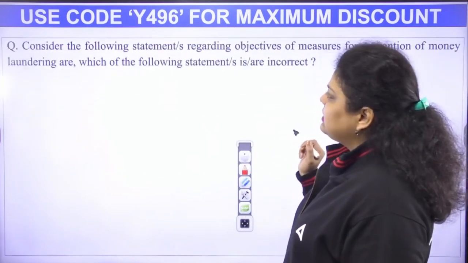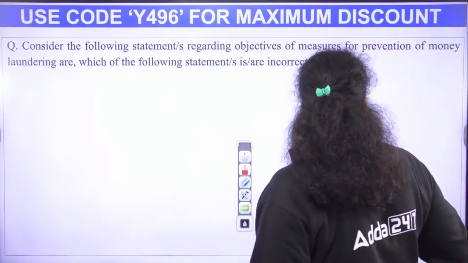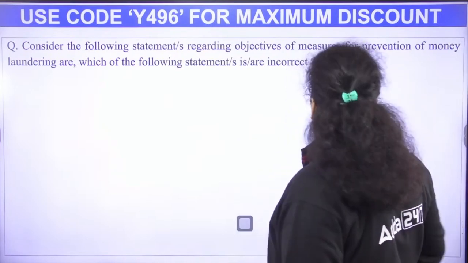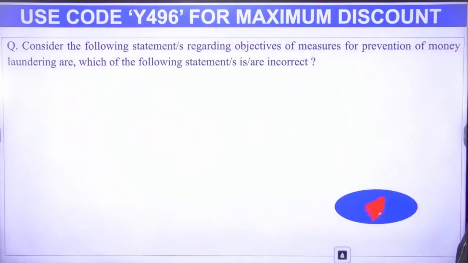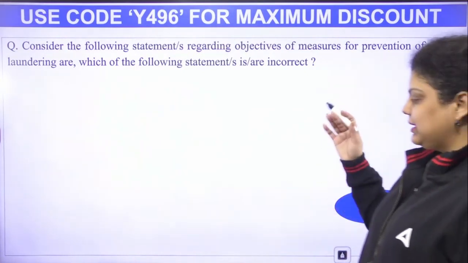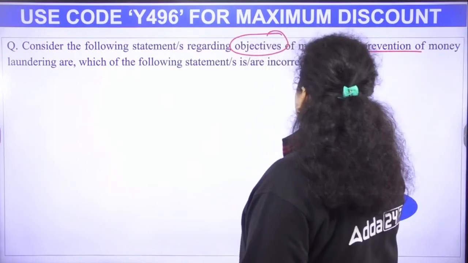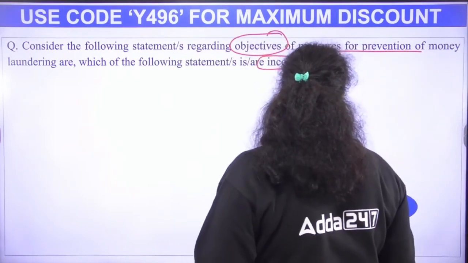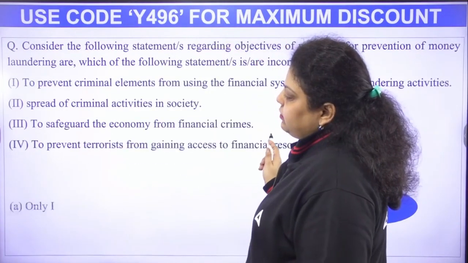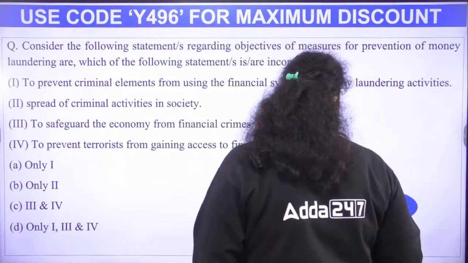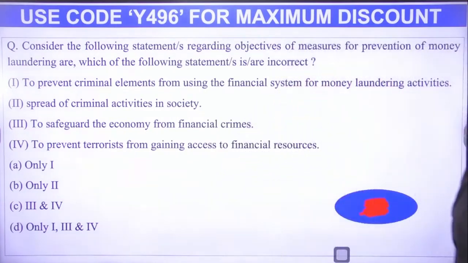Now the next question we have: consider the following statements regarding the objective of measures for prevention of money laundering. What are the statements which are the objective of measures for prevention of money laundering? And you have to find out which of the following is incorrect. So these are the statements in front of you. Okay, let me know the answer.